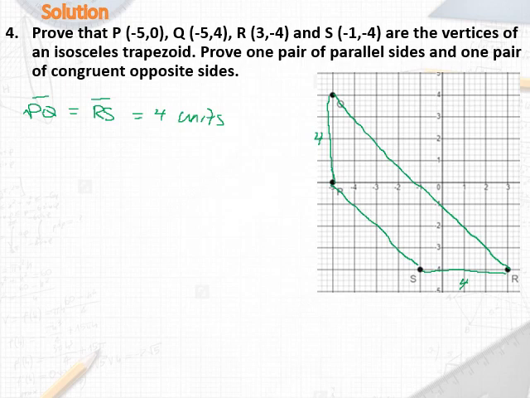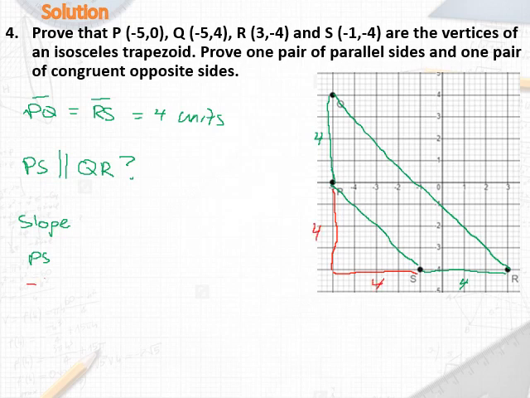So now we got to prove that the other two sides are parallel. So is PS parallel to QR? That's the question. So slope of PS, we've got, let's change color quick, going down and over, 1, 2, 3, 4 down and 4 to the right.